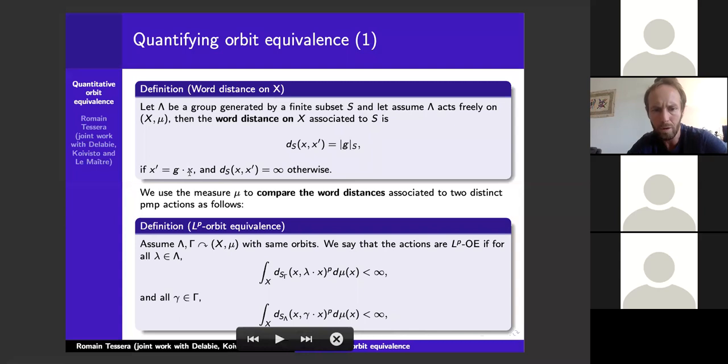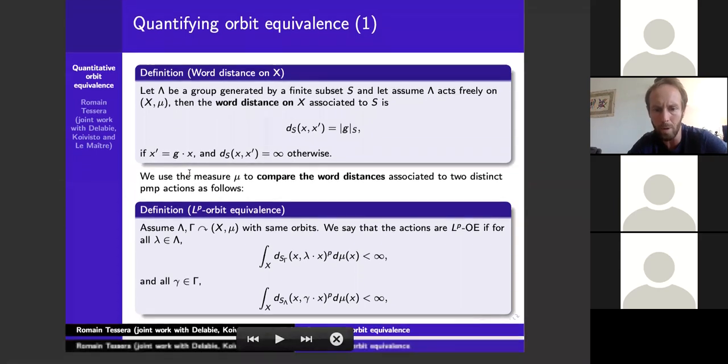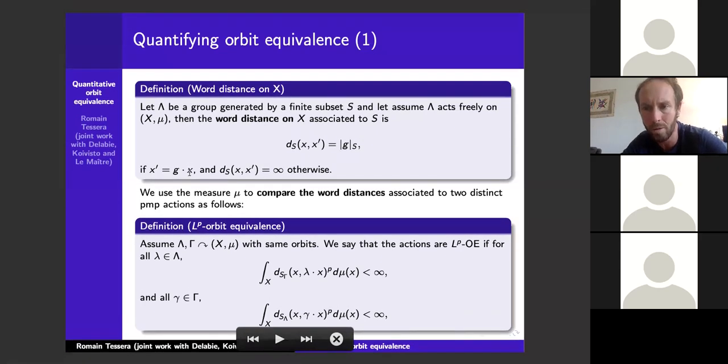Okay, so if we are okay with this notion, I'm going to define a slightly more general notion very shortly. But first of all, I'd like to make a comment on this definition. As I said, the strongest possibility here is L infinity, because it says that the two distances are basically comparable to one another.